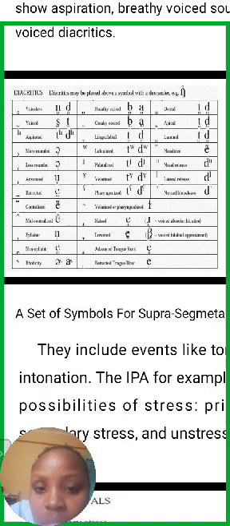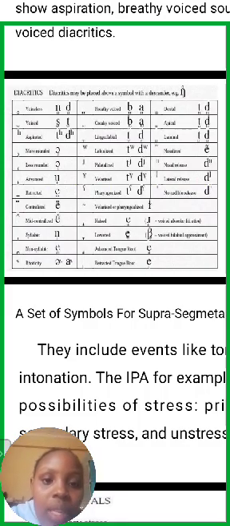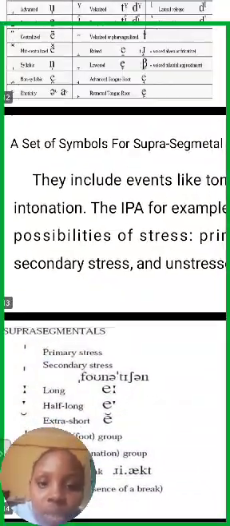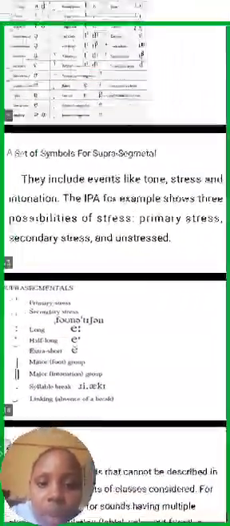We have the rhoticity, the breathy voice, the creaky voice, linguolabial, labialized, palatalized, velarized, pharyngealized, velarized or pharyngealized, raised, lowered, advanced tongue root, retracted tongue root, the dental, the apical, the laminal, the nasalized, the nasal release, and all that. So make sure that you go through that chart.